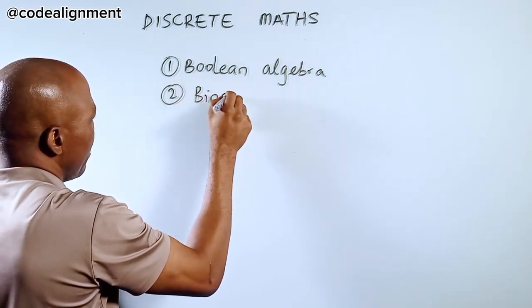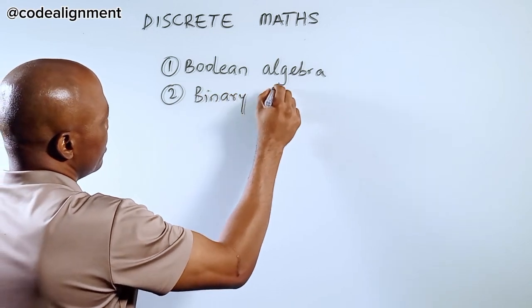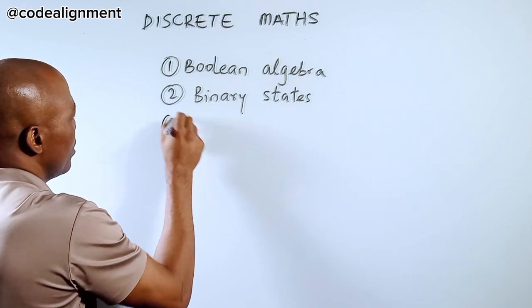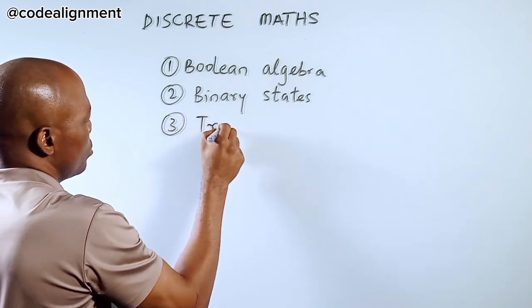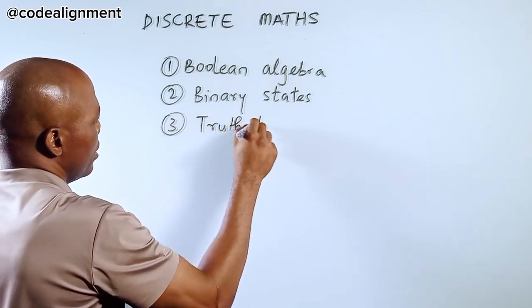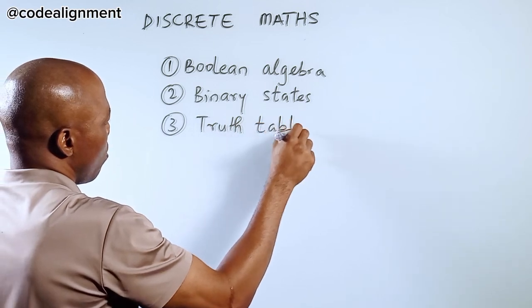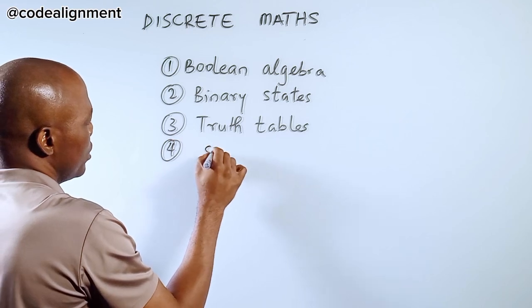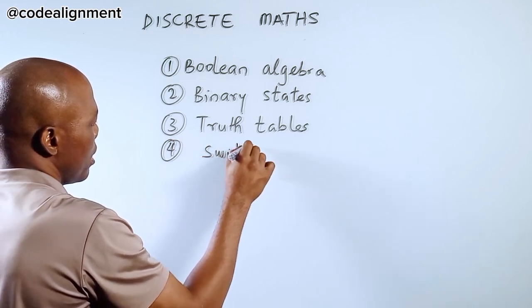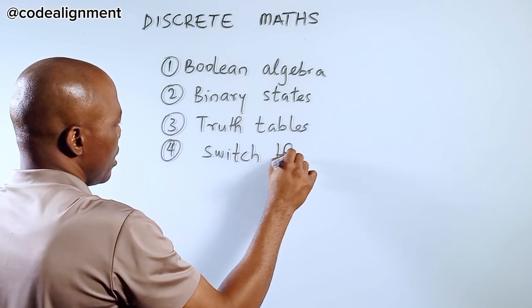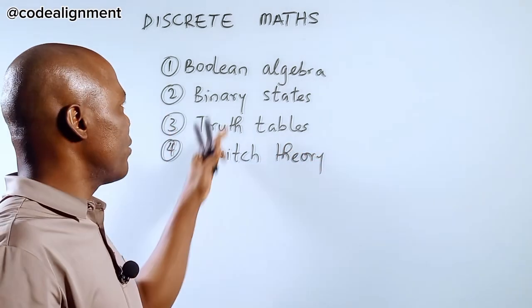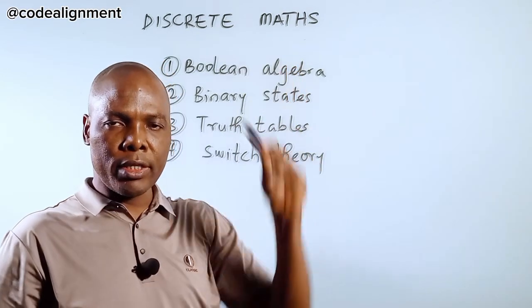Binary state. And then the third one is what? Truth tables. Then the fourth one is what? Switch theory. Okay, these are the 4 topics I'm going to teach under discrete math.